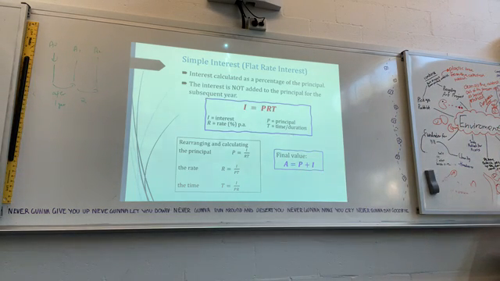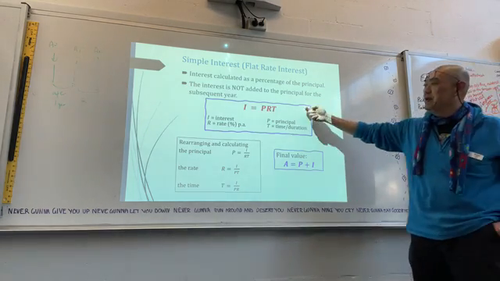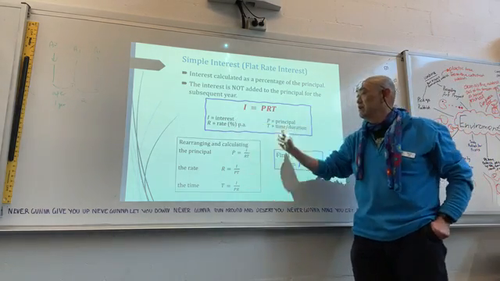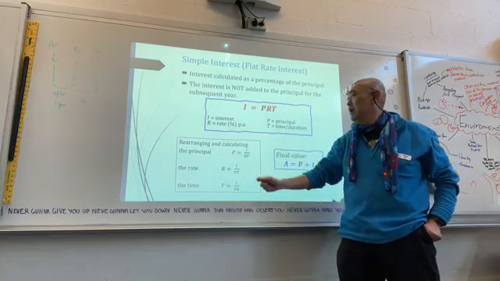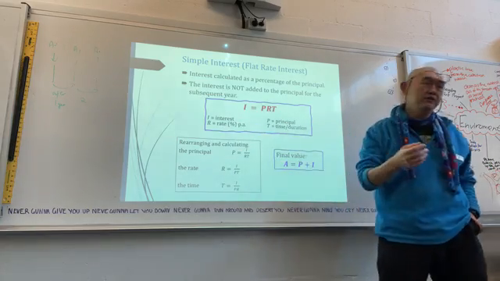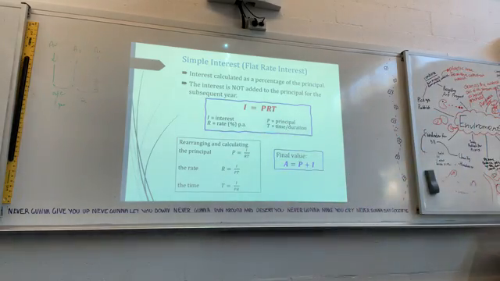All right? So important thing for you to recall is I equals PRT, I is interest, P is the principal, R is the rate, T is the time or duration. If the interest rate is given to you in percentage per annum, and the duration is less than a year, let's say 6 months, you've got to divide it by 2.